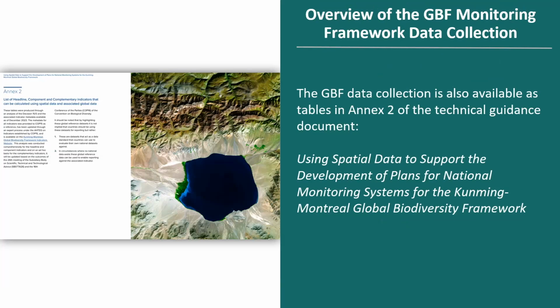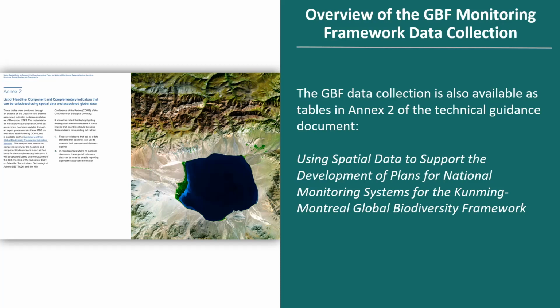In addition to the GBF data collection available online on UNBL, the spatial datasets are also available in the guidance document that you already have the link to in the chat, and that my colleague Annie introduced before.